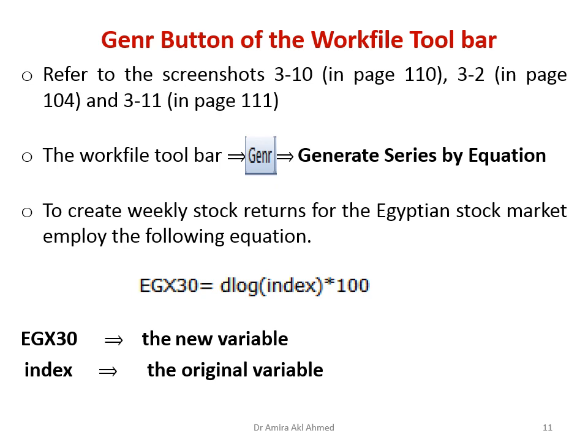Here we will create stock returns for the Egyptian stock market using data of the EGX30 index. To do so, we use the following equation, which is shown by the screenshot 3.11.